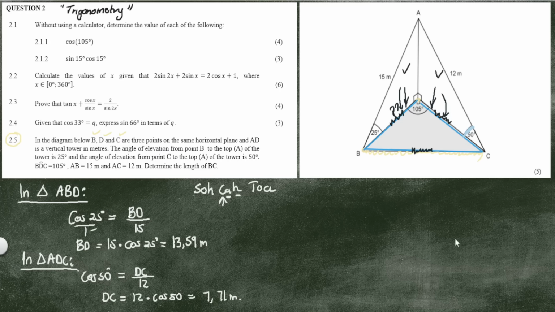Now that we have this side as well as this side, we can apply the cosine rule to work out BC.